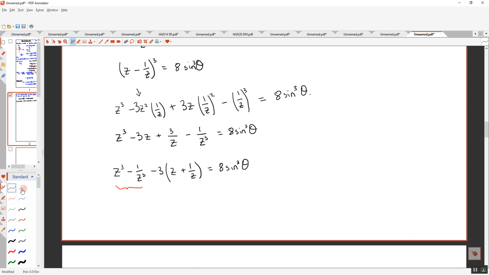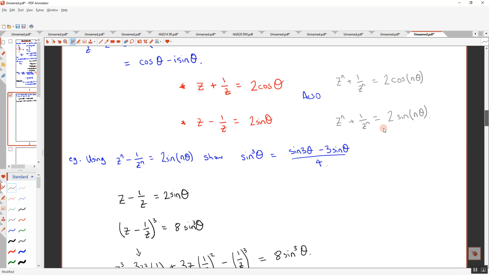Is it 2 cos? So it's 1 minus. So looking back up here. Yeah. Sorry, just make sure you got that. So that's plus, this is minus, yeah. So I'm just rushing.